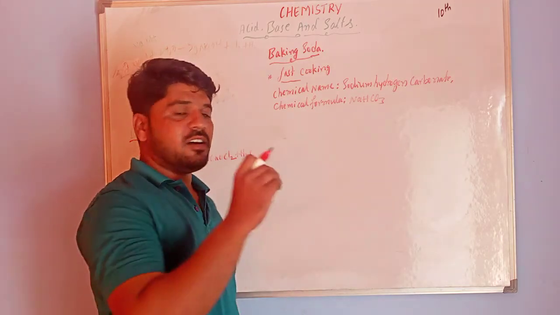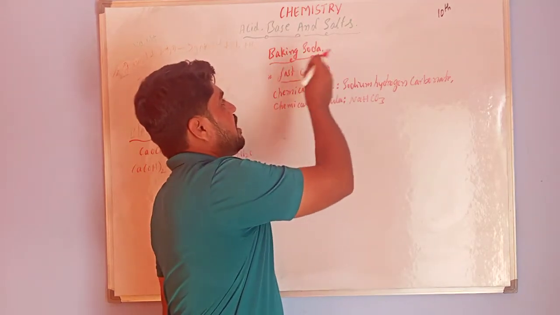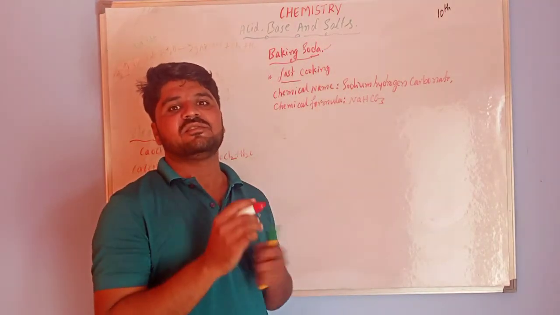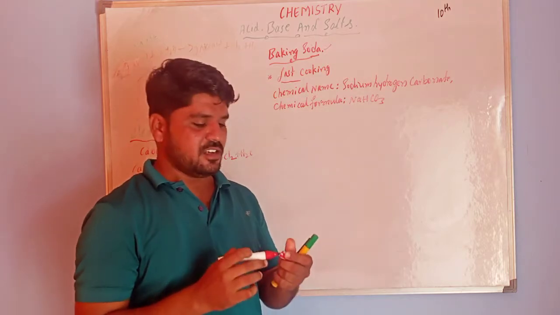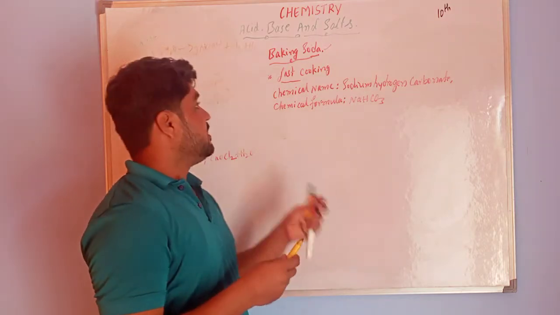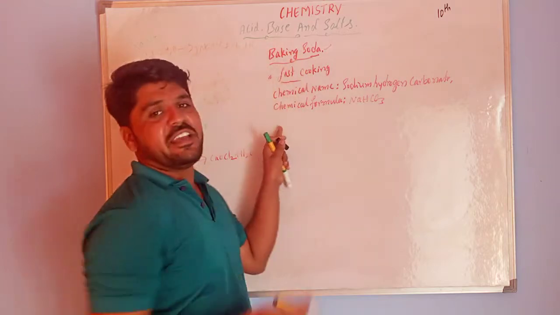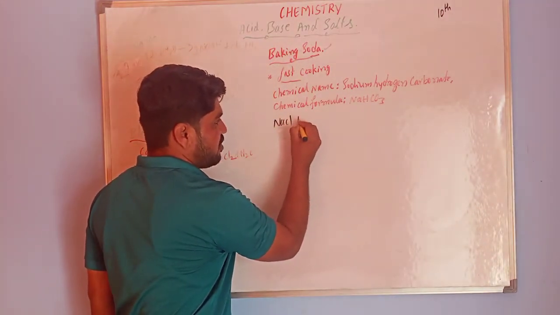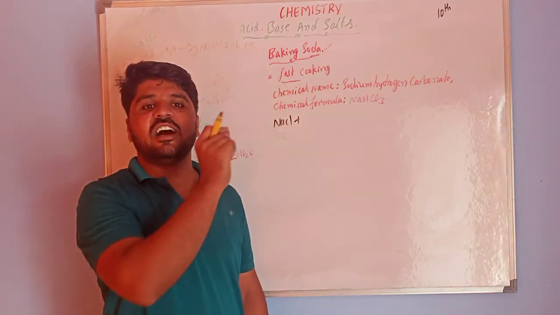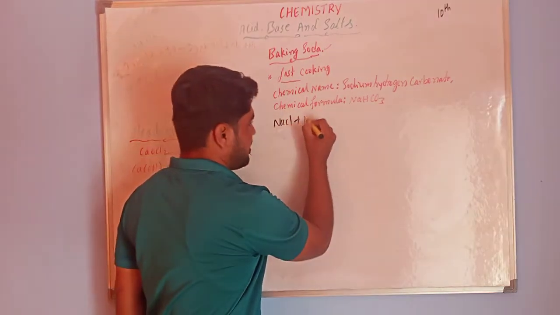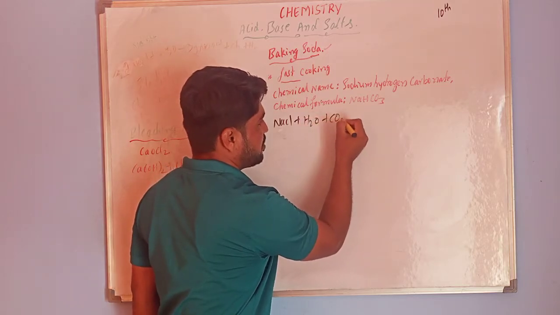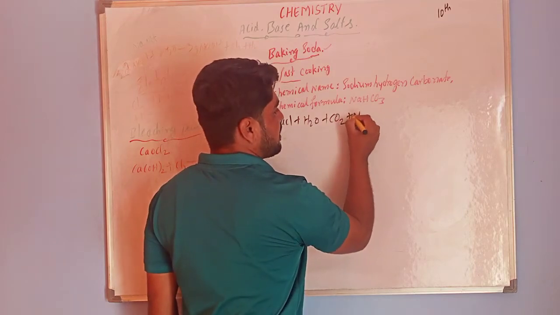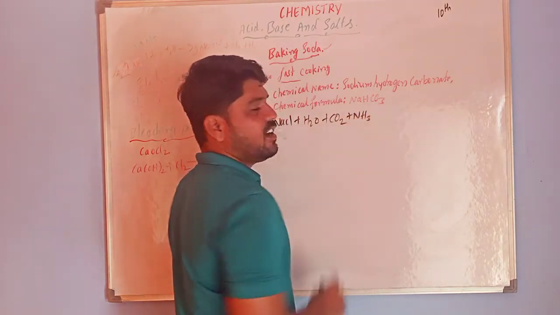And how can you prepare baking soda? By using common salt as a raw material. So let us discuss the preparation of baking soda. I am taking NaCl, sodium chloride, the common salt, and water, H2O, and CO2, carbon dioxide, and one more compound, NH3, that is ammonia.